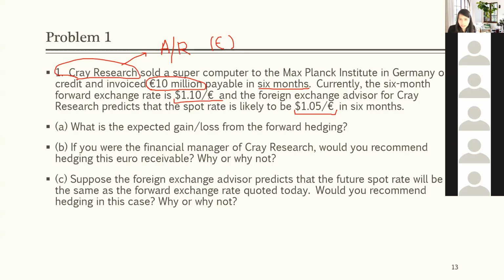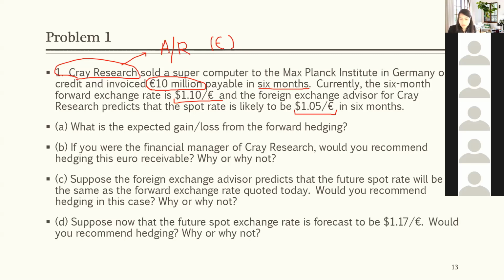Question C, suppose that you predict that the future spot exchange rate is exactly the same as the forward exchange rate. Would you still recommend hedging or not? Okay. Alternatively, if the future spot exchange rate turns out to be $1.17 per pound, would you still recommend hedging? Okay.